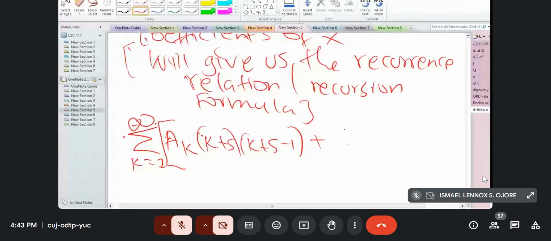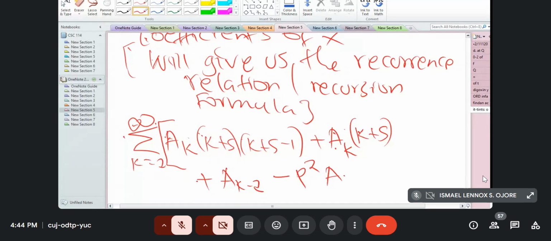So just give me the terms. Okay, ak into k plus s, ak minus 2, plus ak minus 2, minus p squared ak, equals 0.